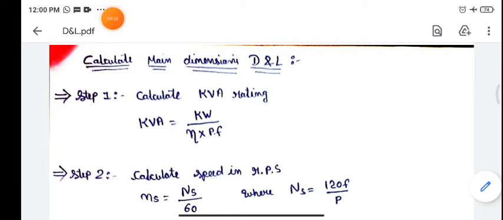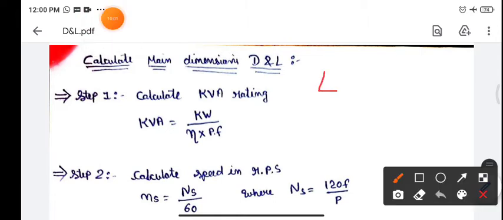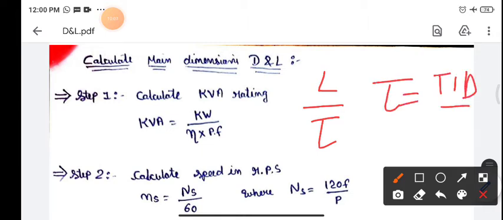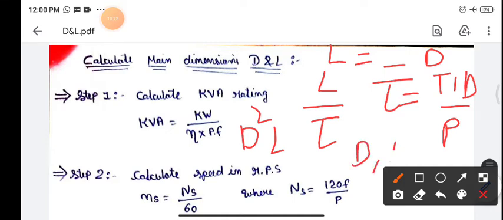And now the last step is we will have a ratio of L by tau, and tau is equal to pi d by p. Based on this we will get a relation between L and d. We will utilize it in the d square L equation and we will get the value of L or d, and then we will have both the values L and d.